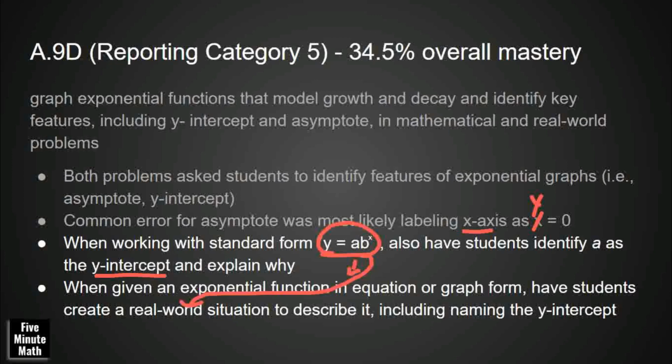What we're doing is going from the real-world situation into our standard form. Have them try going from just a basic equation and describe something that would do that, because the thing they want to identify there is that initial amount, that A amount, is the y-intercept. So if they can solidify that, that would have helped them with that second problem.